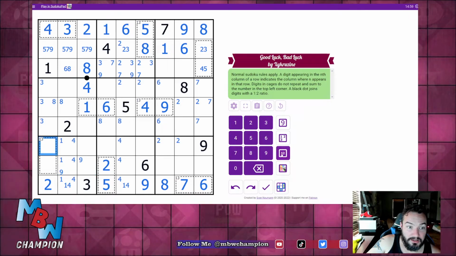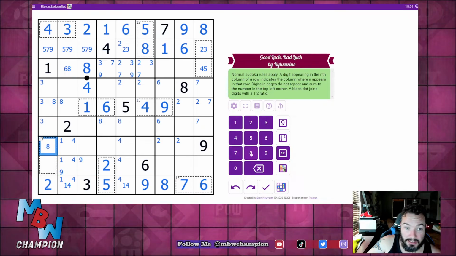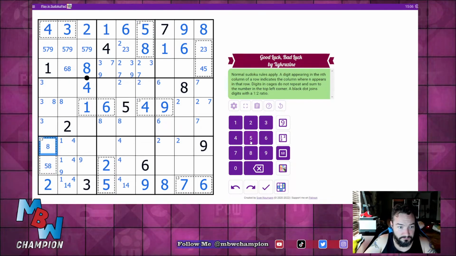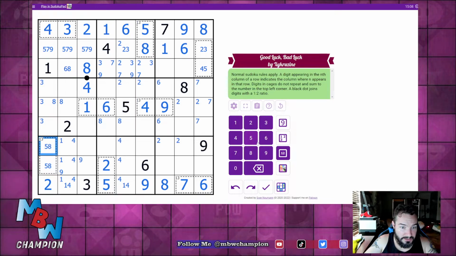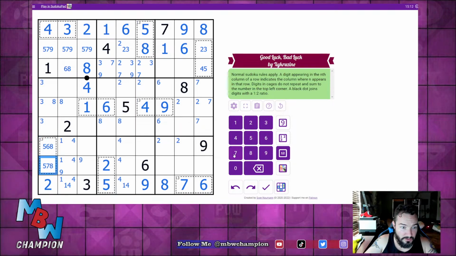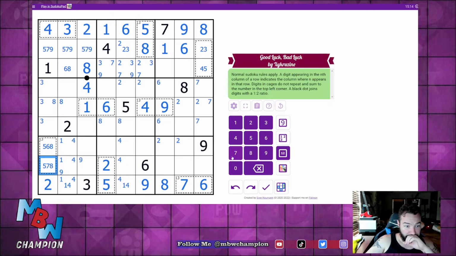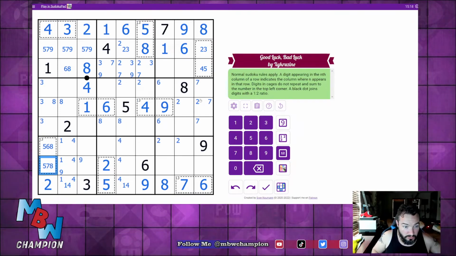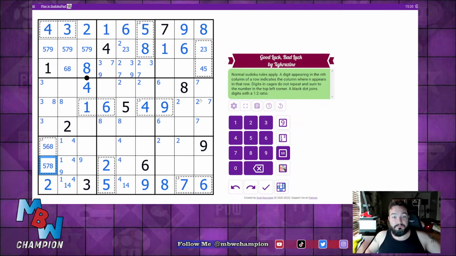It can also be an 8 or a 5 or a 6 and a 7. There's a 6 seeing it right there, so the 6 or a 7. But that doesn't determine itself at all, so we're just gonna have to leave it at that.